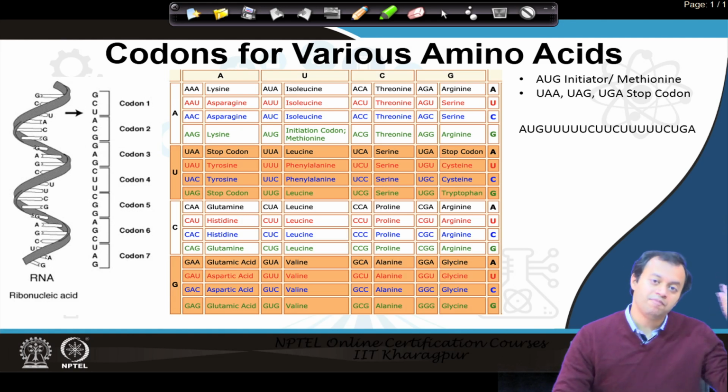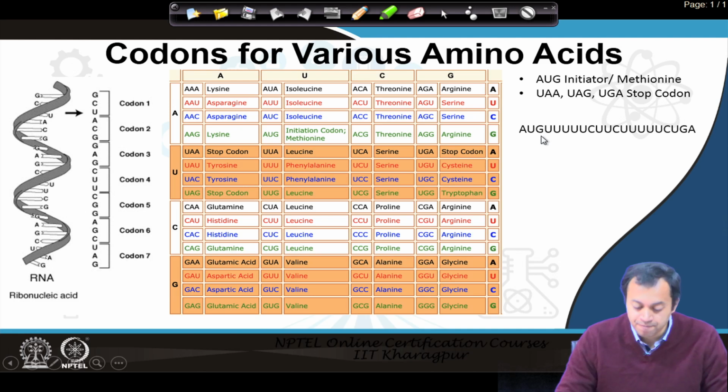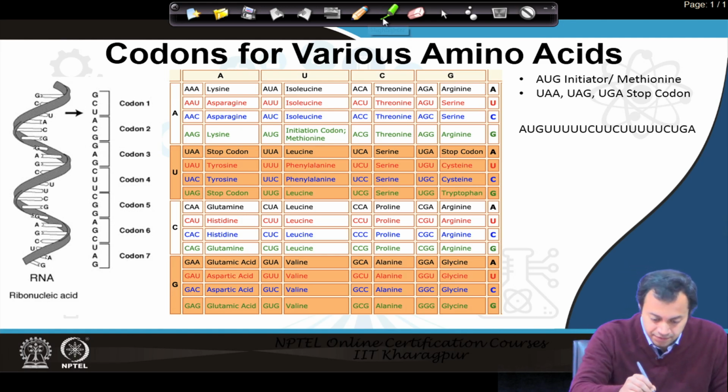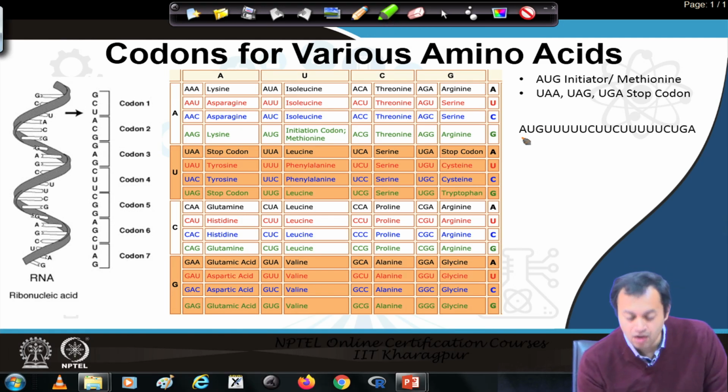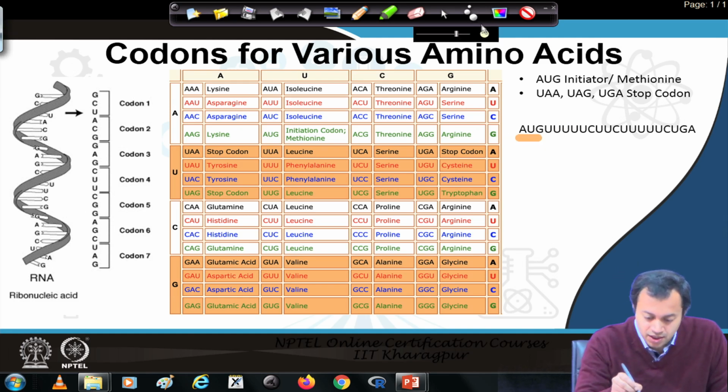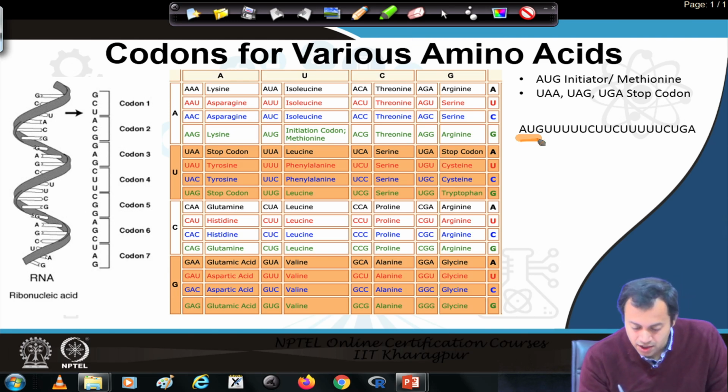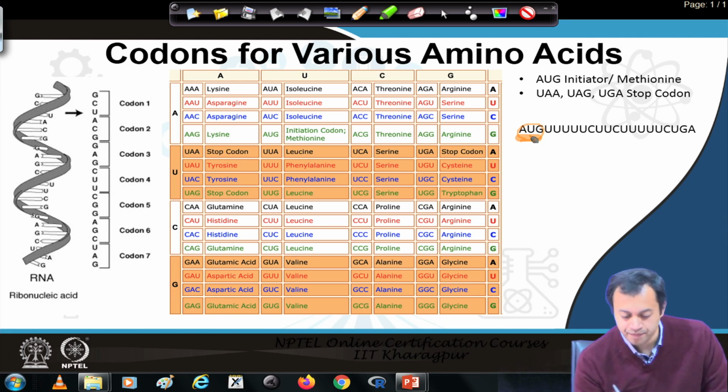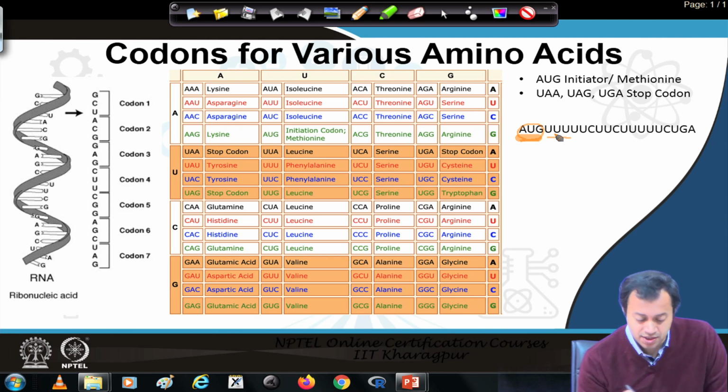So, just like in the previous slide, you have a start codon, an initiator. AUG is the start codon. So, if I now decode the message in here, AUG is the start codon. Then you have UUU, triplets, 3 at a time, just like the previous case.